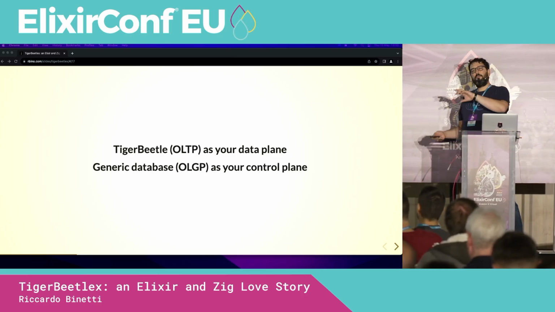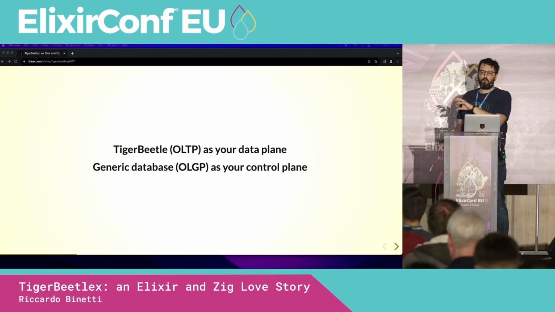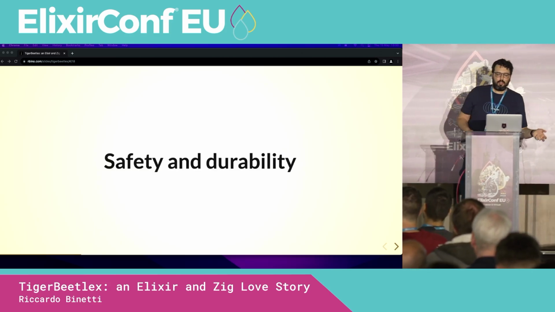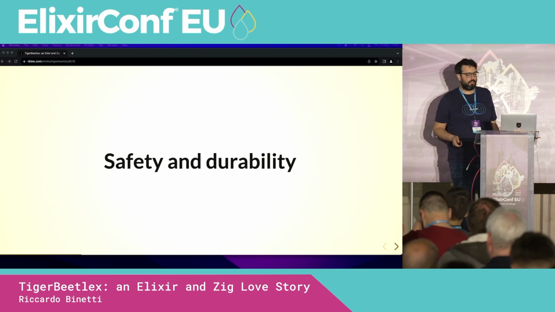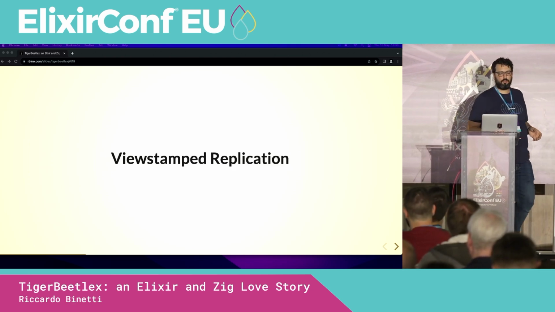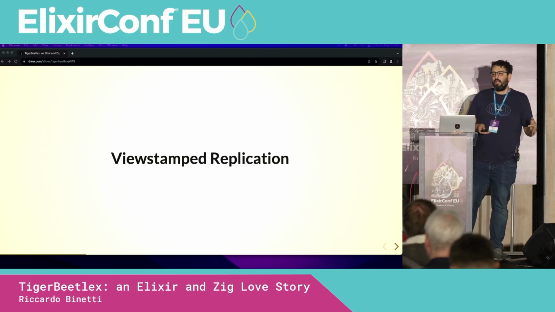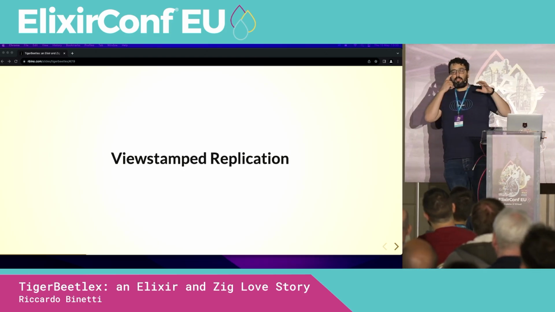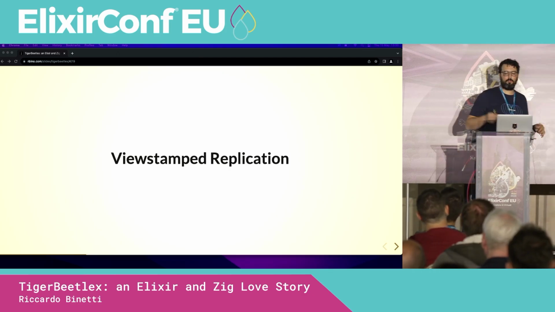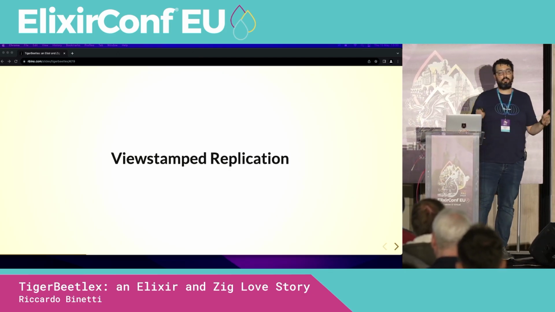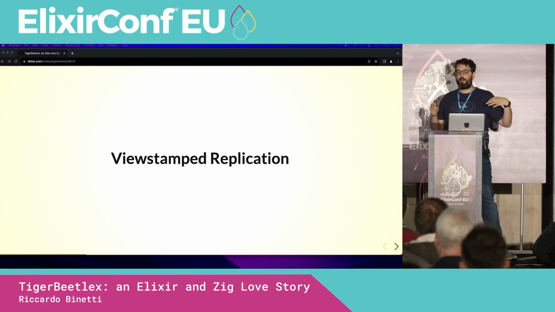Now, performance is one of TigerBeetle's goals, but the other one, since we are dealing with financial data, is safety and durability. So I mentioned already before that TigerBeetle is actually a replicated database, and it uses viewstamped replication, which is a less known replication algorithm, but it was actually developed by Brian Oki and Barbara Liskov in 1988, 1 year before Paxos.